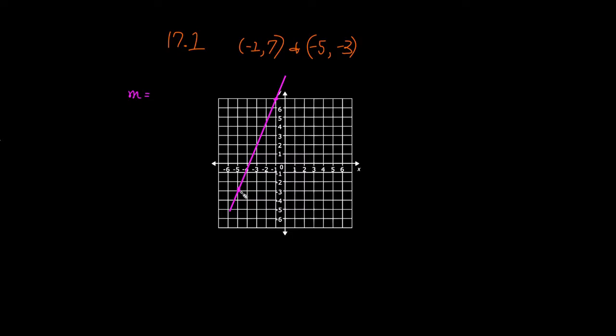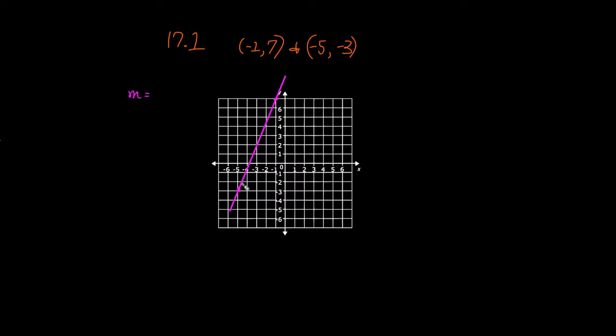Remember, the equation should be able to tell us for any number I put in for x, I can find the y, and for any number that I put in for y, I could find the x. So this might be a little bit hard to conceptualize, but just follow me through and you'll get the hang of it quite quickly. It's not so bad.